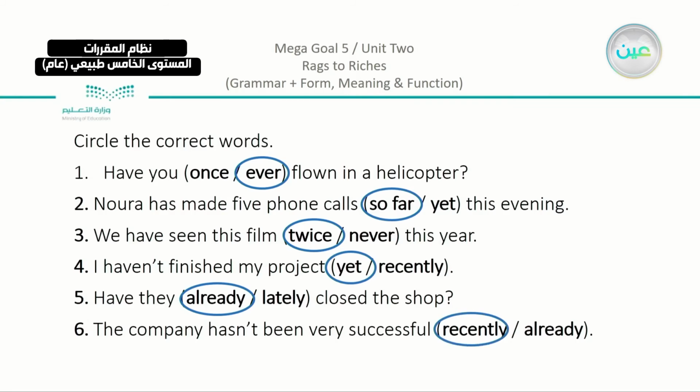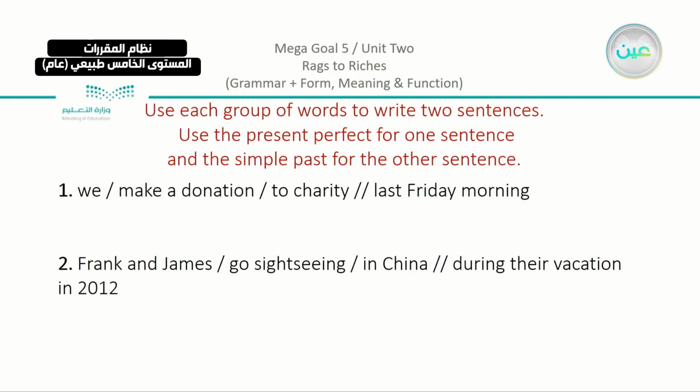Coming to the last exercise that we have here. Now we use each group of words to write 2 sentences. We're going to form sentences, but one time we are going to form the past tense and the other time we're going to form the present perfect. Now, we agreed that the present perfect has either has or have.